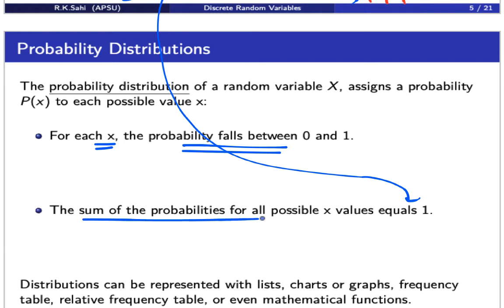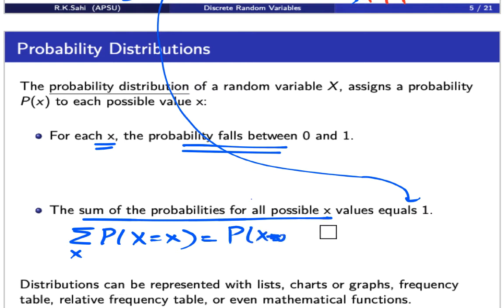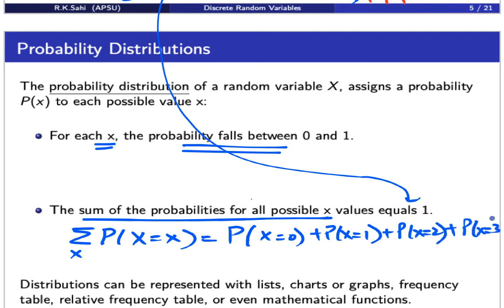The sum of all these probabilities, the way we write it nicely in a very short form, is the probability of all x values, which is basically the probability when x is 0, plus x is 1, plus x is 2, plus x is 3.